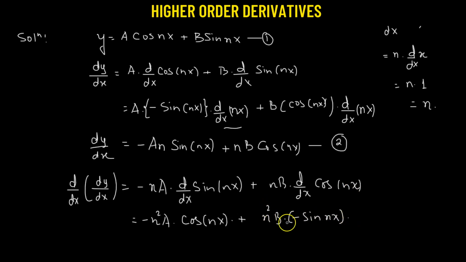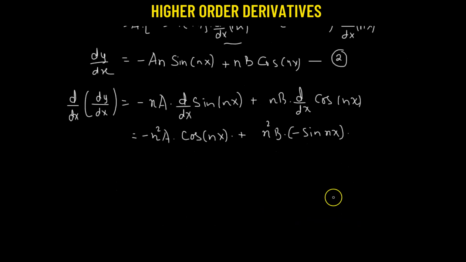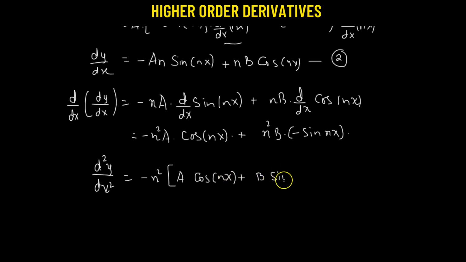So that gives us negative n squared b. On the left hand side we have the second derivative of y with respect to x, so that equals, taking negative n squared as the common factor, negative n squared multiplied to a times cosine of nx plus b times sine of nx.